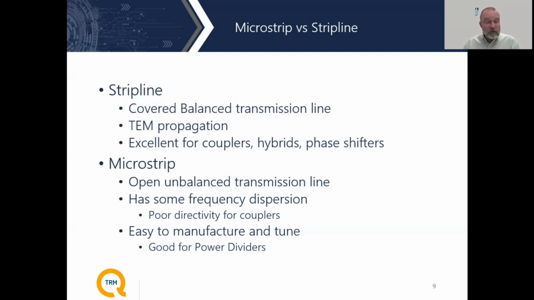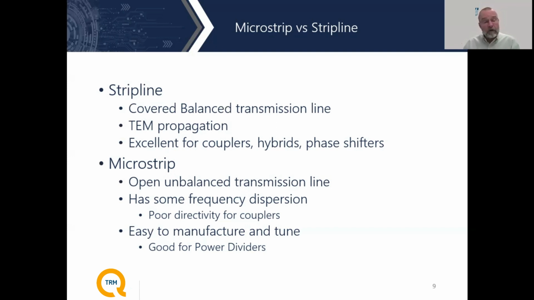Microstrip, on the other hand, has some of the field in air and some of the field in the dielectric. And when this happens, we have an unbalance of the field, and that unbalance is frequency dependent. So that is a downside of microstrip.